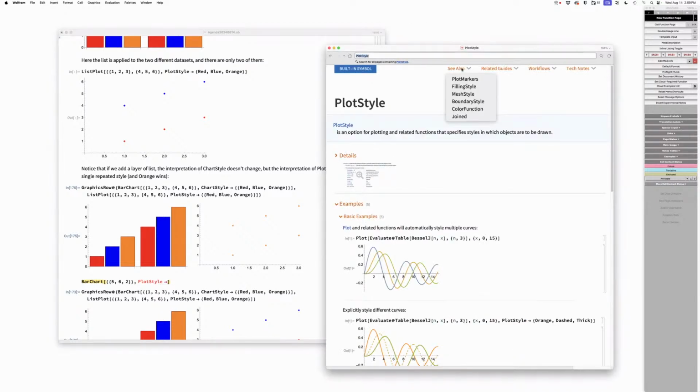Oh, fascinating. Chart style isn't in the see alsos. That's a bug. We put in chart style and we didn't go back and look at what was there before. So can we get those fixed, please? Yep. Put it in an intelligent place. Maybe contour style also wants to be there.